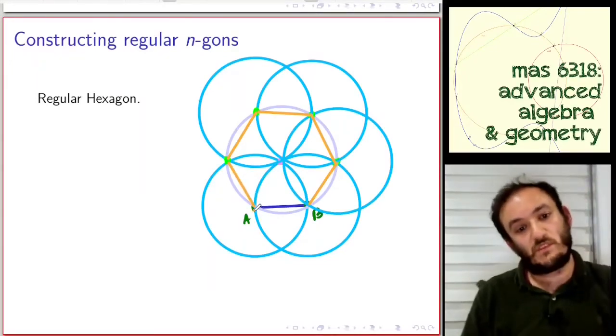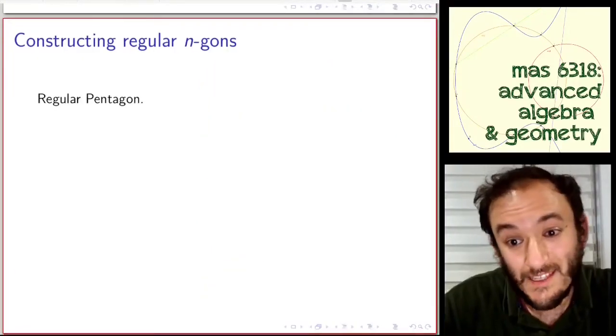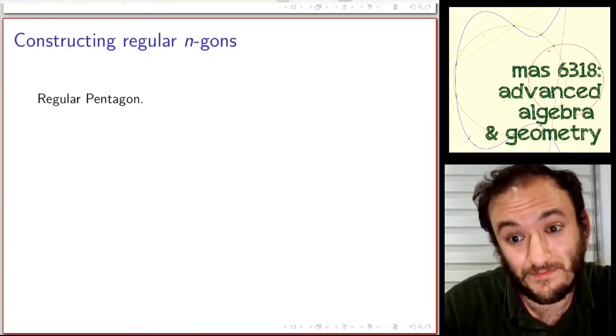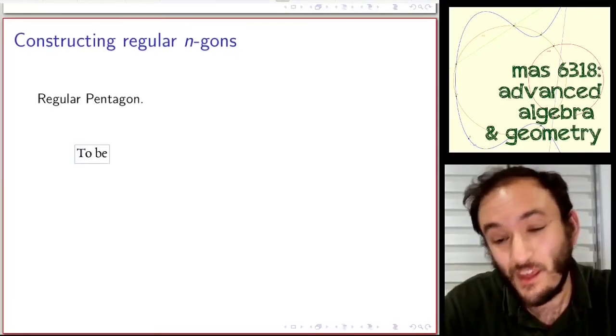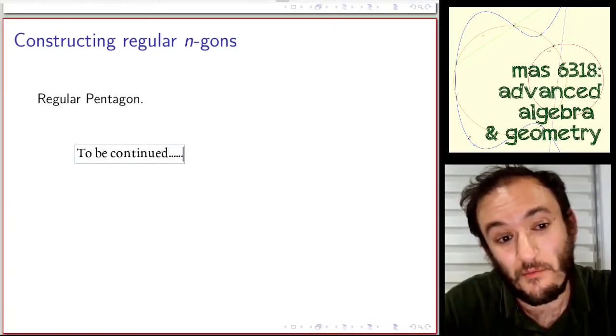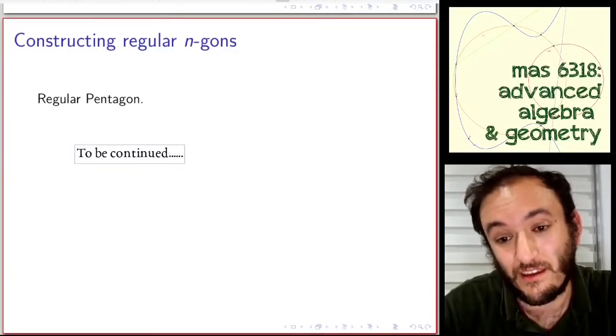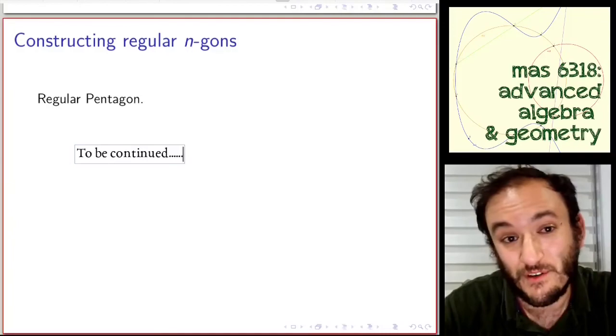Okay, so that's our approximately regular hexagon. As for the regular pentagon, unfortunately, that is complicated enough that we can't deal with it in this lecture, but we will certainly deal with it in another lecture to be posted soon. Thank you so much for your attention until now.